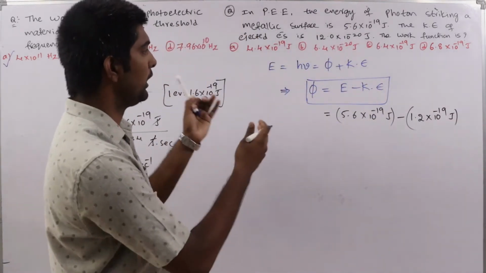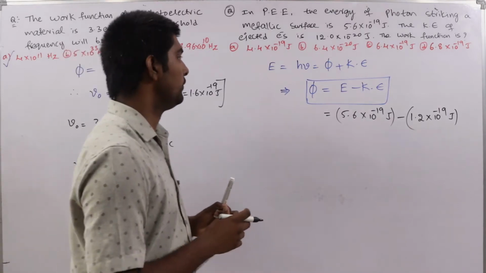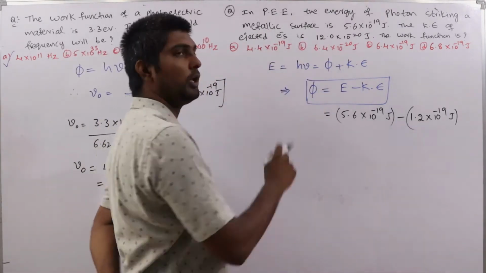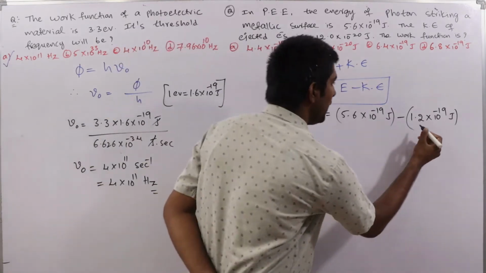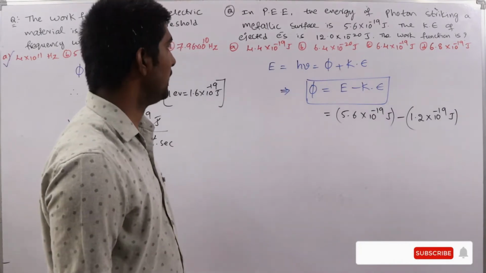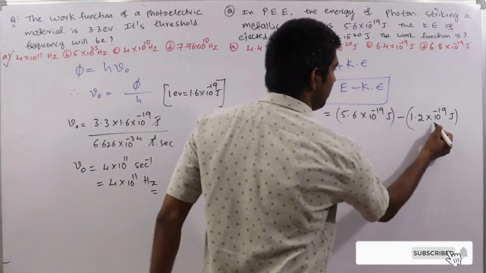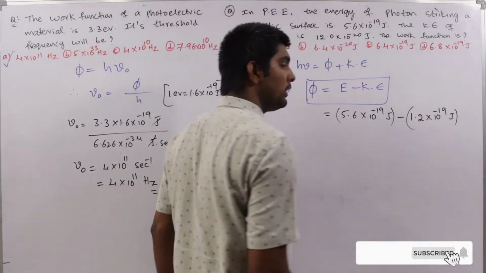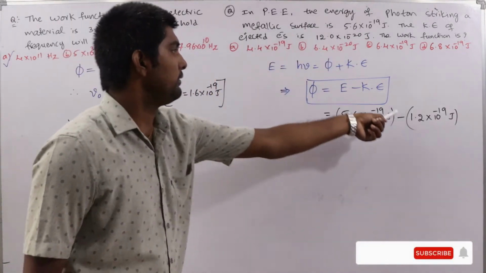To make the simplification easier, we are converting 12 into 10 power minus 20 into 1.2 into 10 power minus 19. If you multiply this one with 10, we get 10 power minus 20, that is 12. So we are writing it like this.